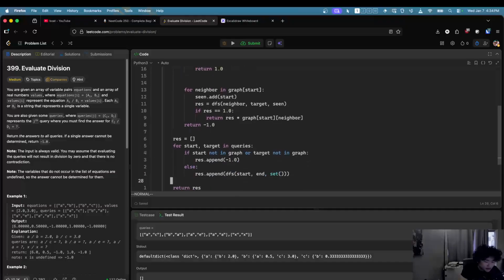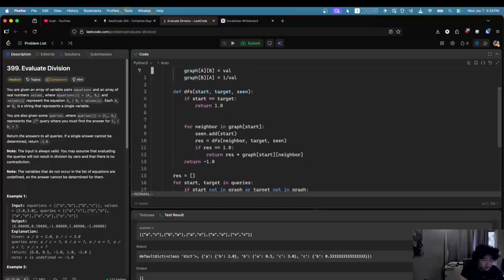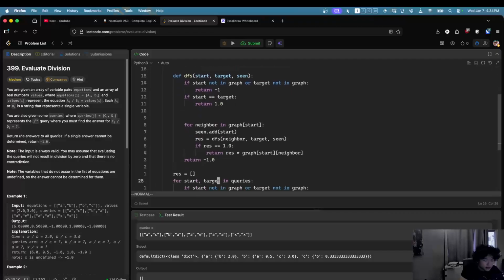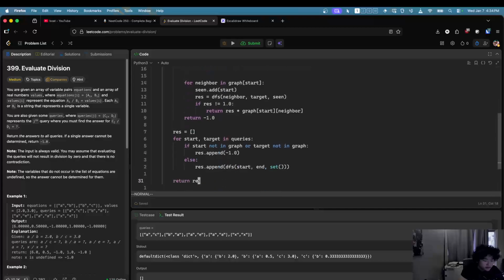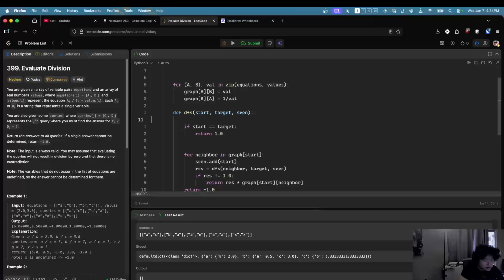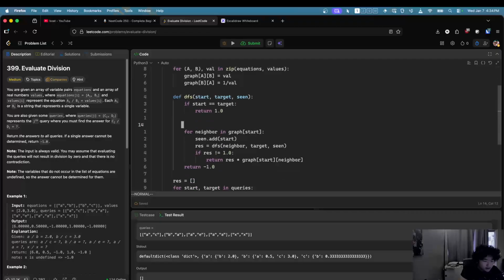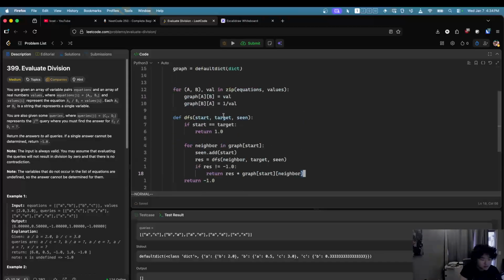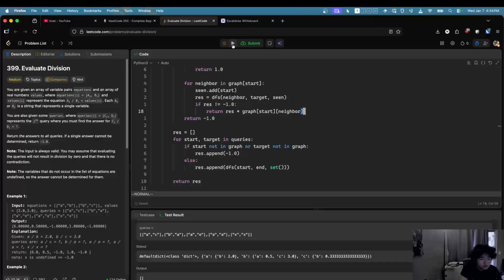Actually, I do need it, because if I don't reach the target and there are no more values, then return -1. Actually, no, I don't need it. I prevent it from the start. I don't ever search from bad starting points or ending points. And if it doesn't equal -1, we're good. We do the result of that, and then it will return us something, and then we can return the result.